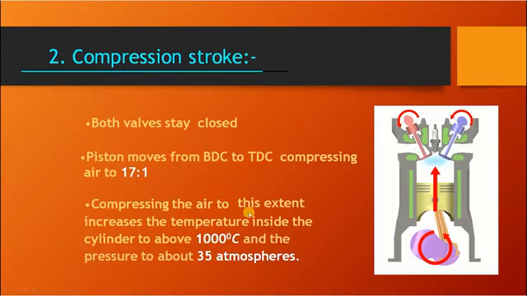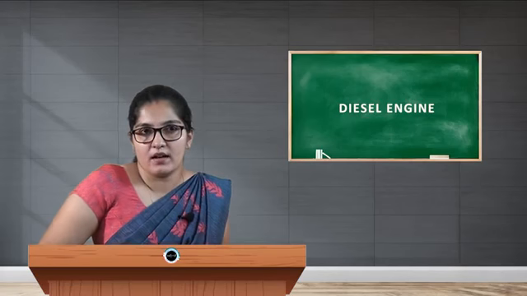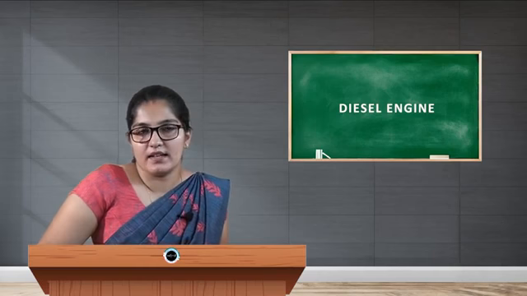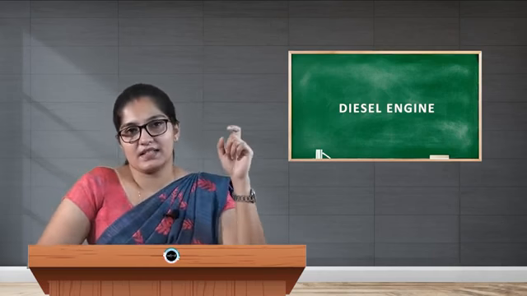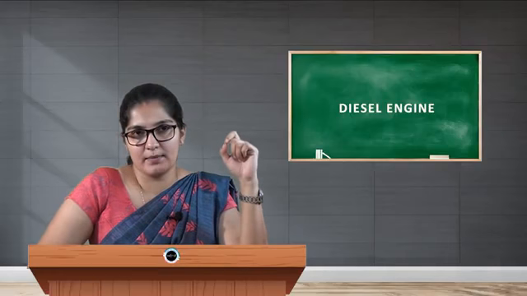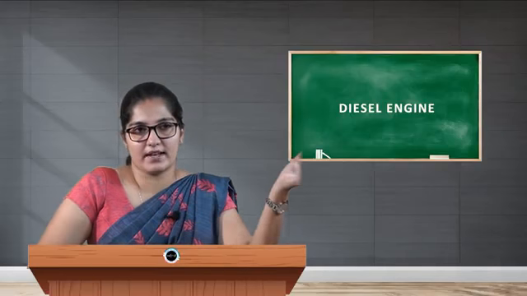Compressing the air to this extent increases the temperature inside the cylinder to above 1000 degrees Celsius and the pressure to a maximum of 35 atmospheres. So the air is at a very high temperature. Now, instead of a spark, if the fuel is injected into this chamber, it catches fire.